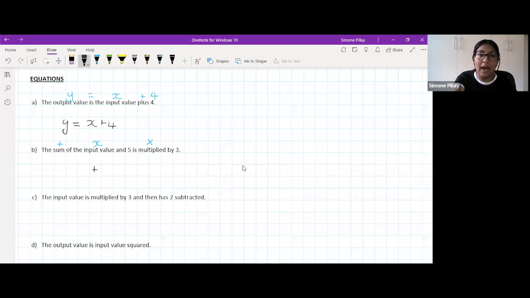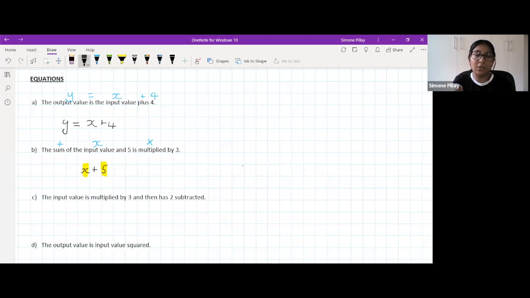So I know I'm going to have two numbers, because when I have a sum of something, I'm going to have two numbers. So what are my two numbers that I am summing? They said the sum of my input value, and I've written on the top here, my input value means X. So I have now my first number that I'm summing, the sum of my input value and 5.